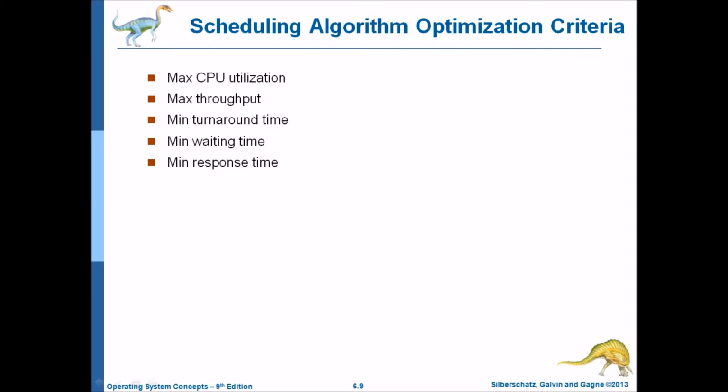So now that we have discussed the optimization criteria, next we discuss the different scheduling algorithms. Note that the following sections will explain several common scheduling strategies looking at only a single CPU burst each for a small number of processes.